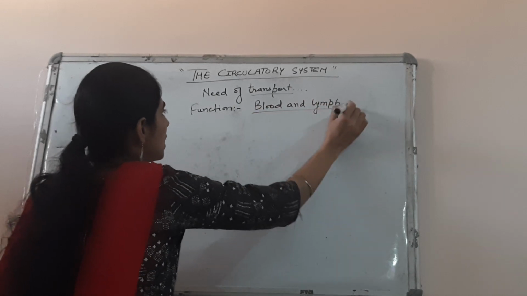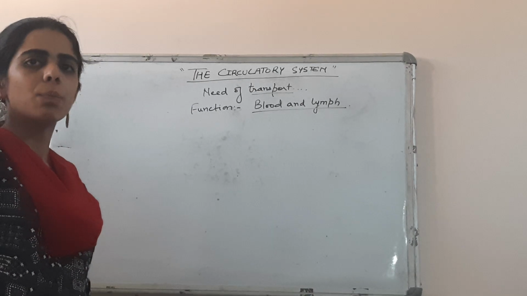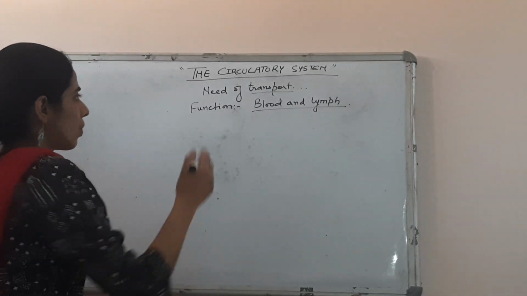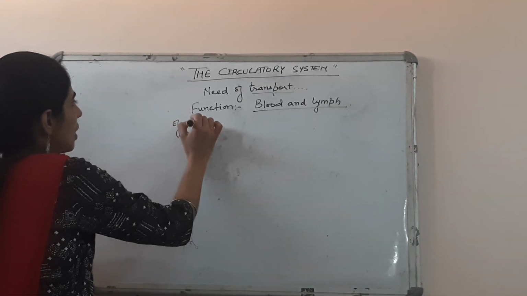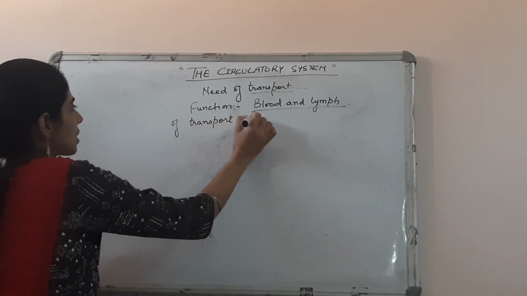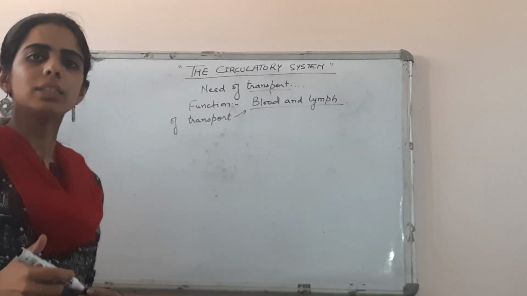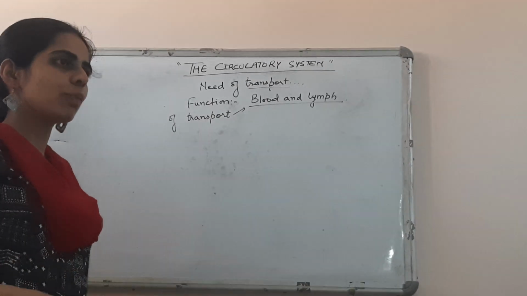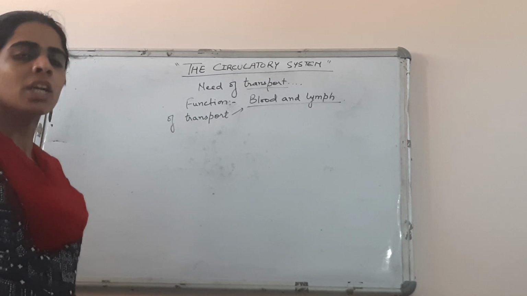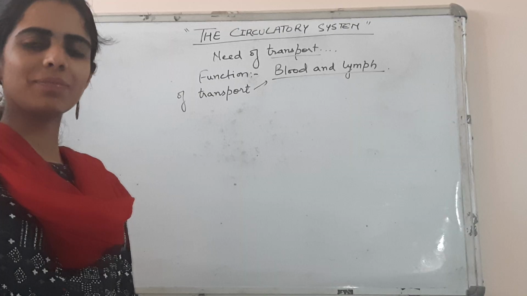Okay, so these two components in our body are going to perform the function of transport. Now we will discuss in detail about these two components, because along with performing the function of transport, they perform some other important functions as well.